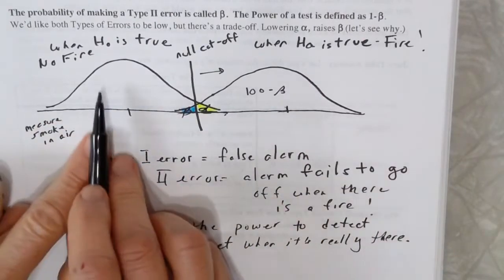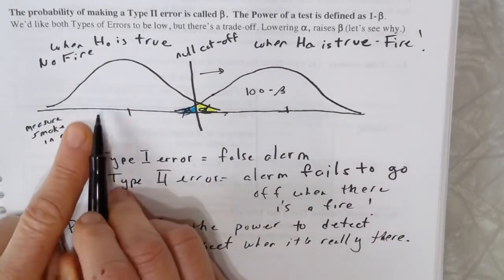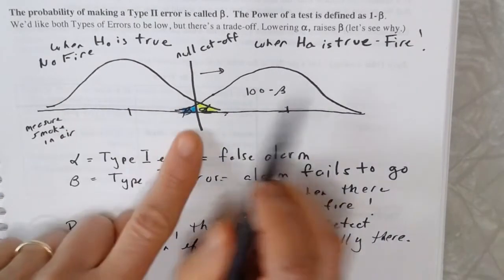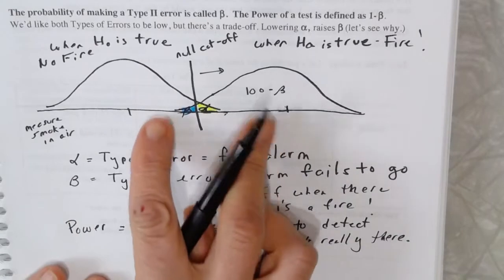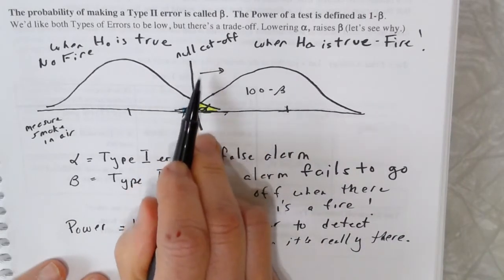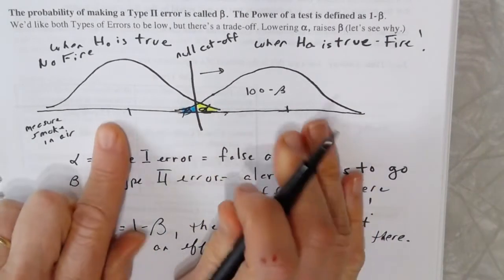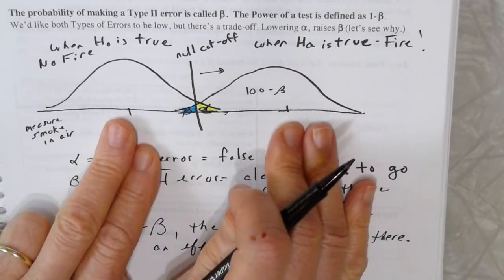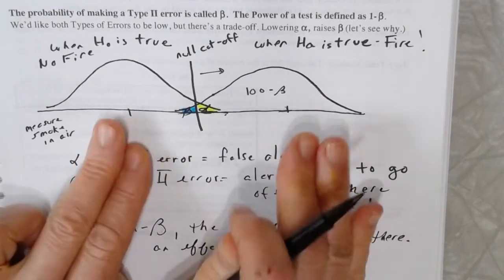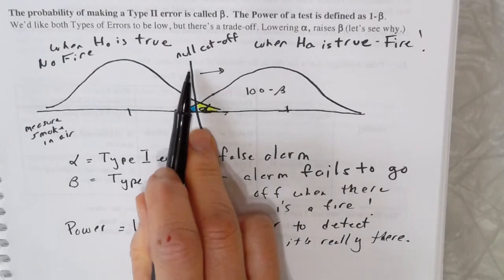Maybe by making the standard errors smaller, making them more accurate. But apart from doing that, if we just want to move this null cutoff, given that this existing detection system can't be changed, let's just say that's what we have. Well, then what we can do is move this null cutoff.